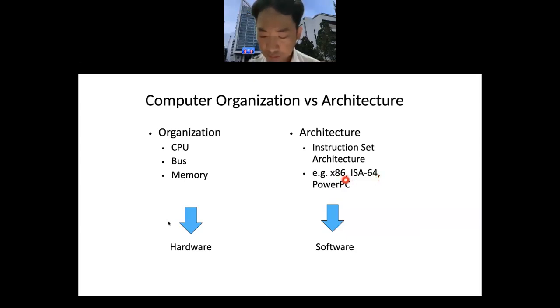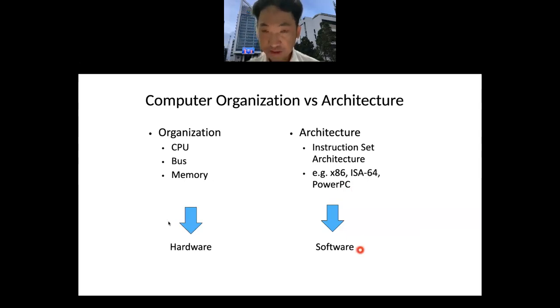This is one of the most versatile instruction sets in the world. And 20 years ago, you may have heard about PowerPC, but I think that PowerPC was already outdated before some of you were born.